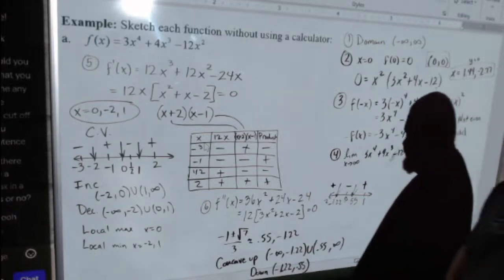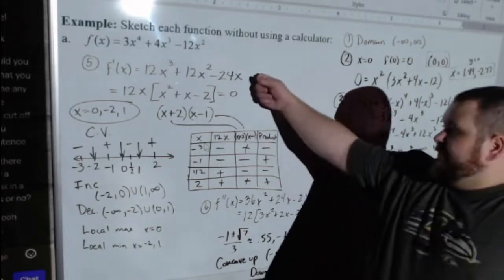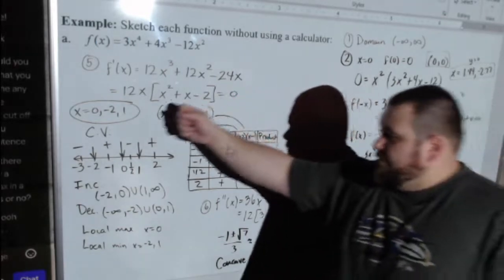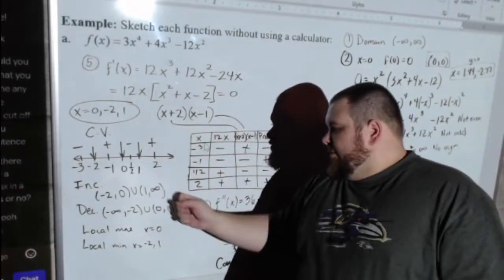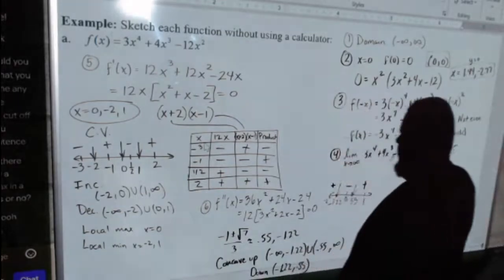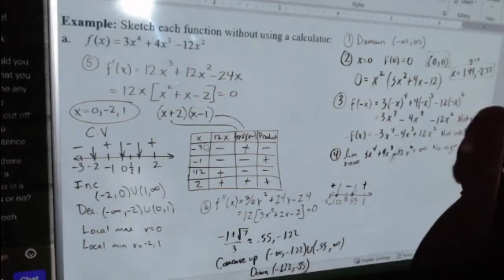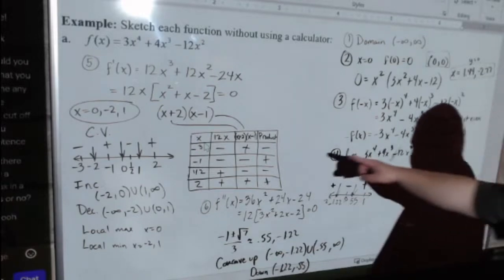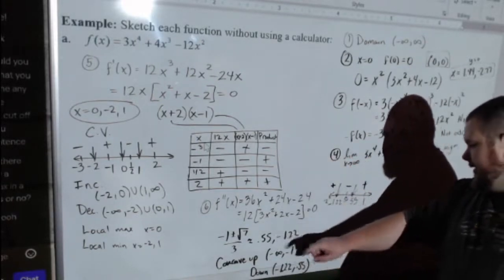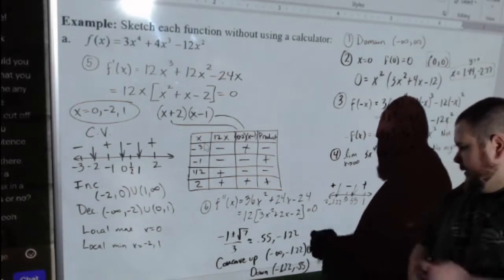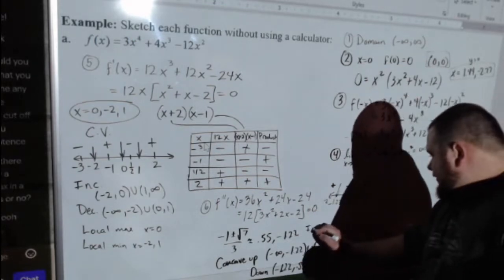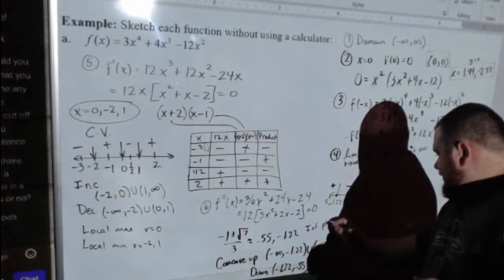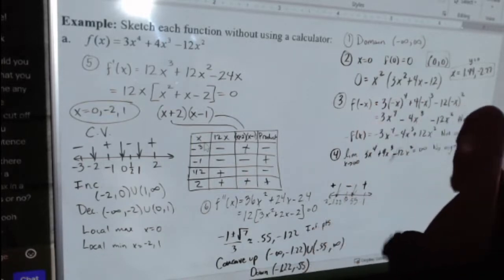Then we took the first derivative, set that to 0, found our critical values, found our increasing and decreasing points, and our local maxes and mins. And then we took the second derivative, set that to 0, found our inflection points, and then determined where it's concave up and concave down.